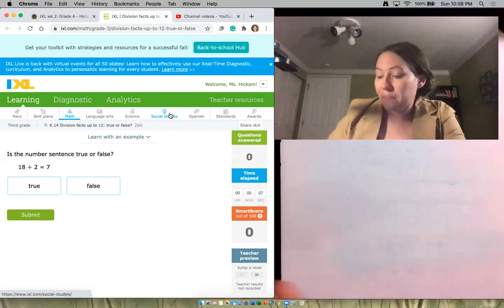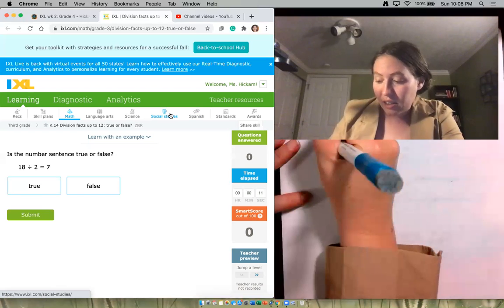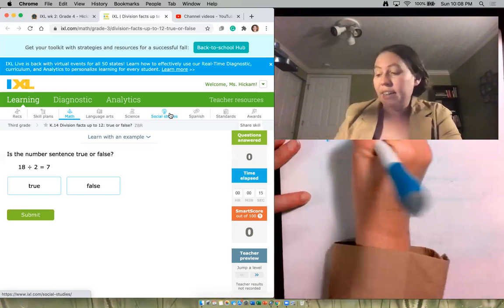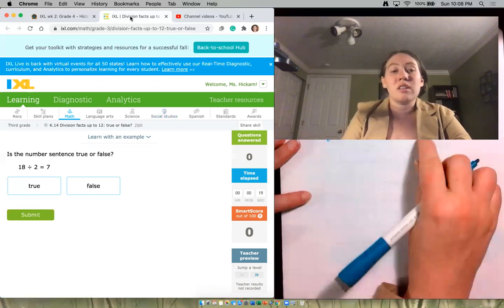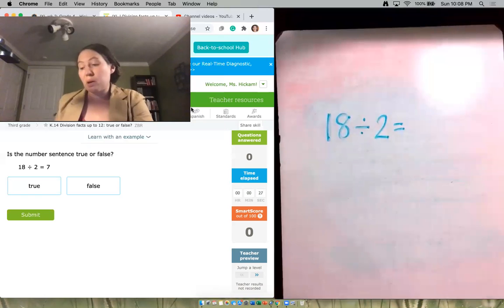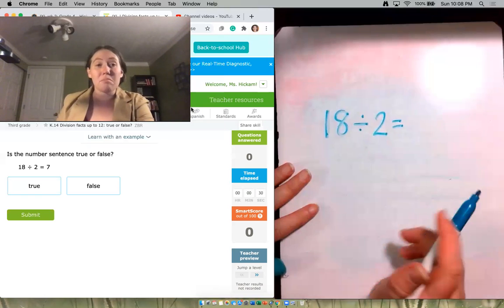My first problem is 18 divided by 2. Now it gives me an answer, but what I want to do is go through and double check that answer myself. And how I do that is I do my work here. So 2 goes into 18 how many times?